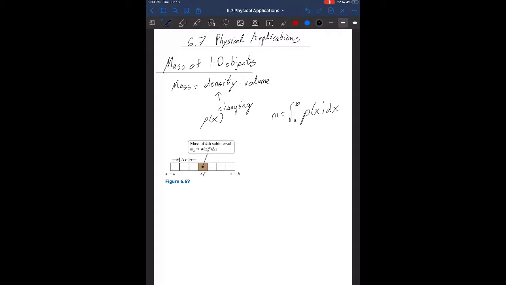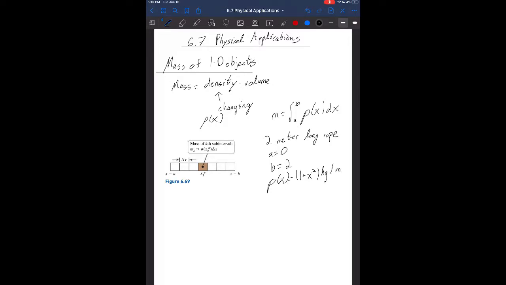Great. So let's just jump straight into an example. In this problem, we have a 2 meter long string. I'll call it rope, I guess. Rope, which starts at a equals 0 and goes to b equals 2. And we have a density function of rho of x equals 1 plus x squared kilograms per meter.